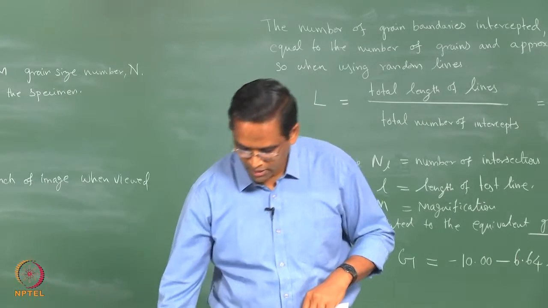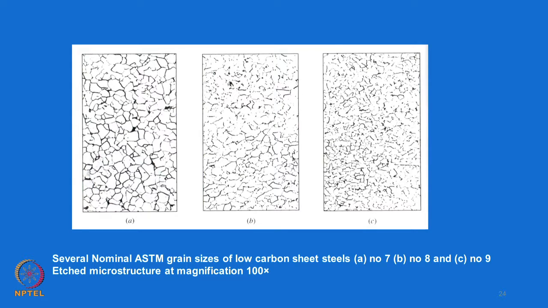For example, if you look at this slide, you have 3 different micrographs A, B, C of a polycrystalline material, the exact material being low carbon steel, and the several nominal ASTM grain sizes are shown here.